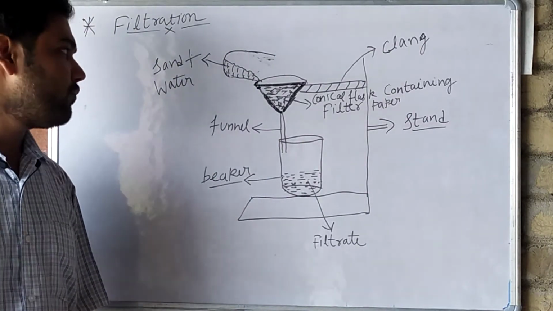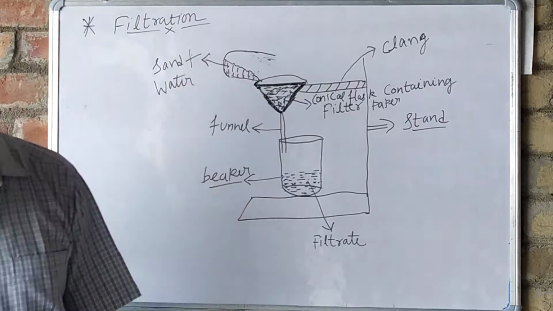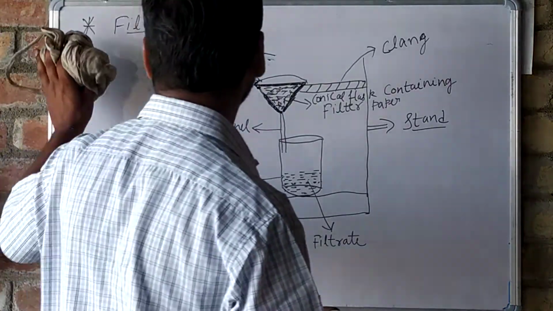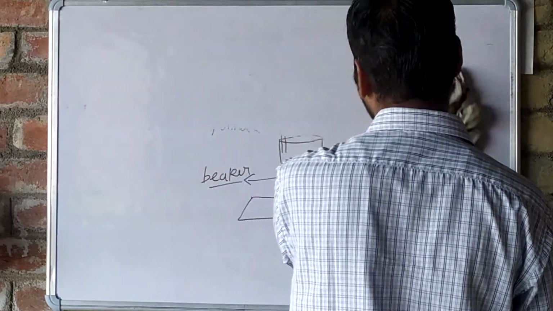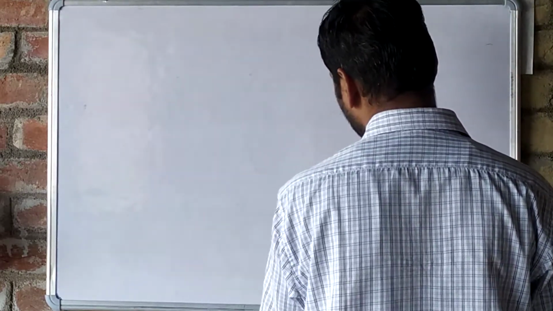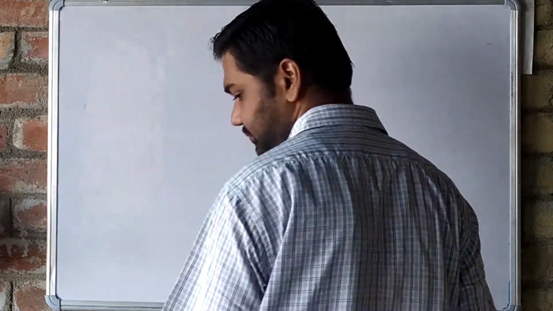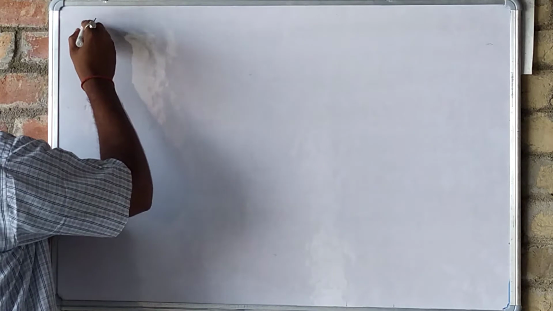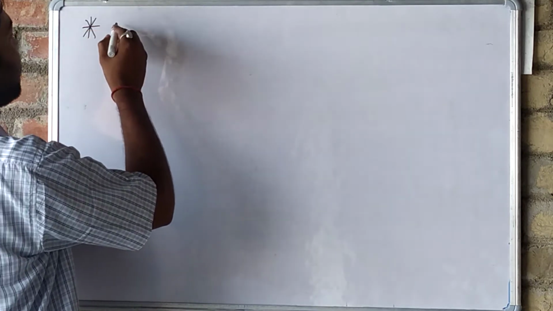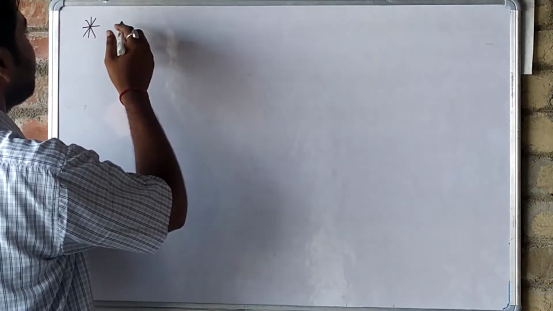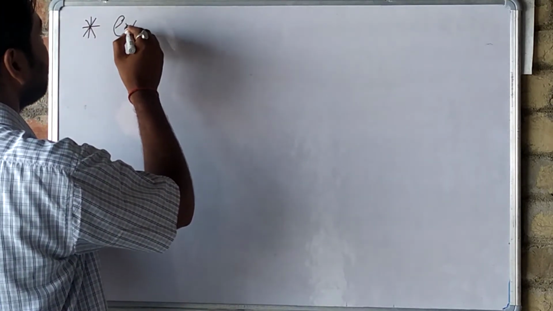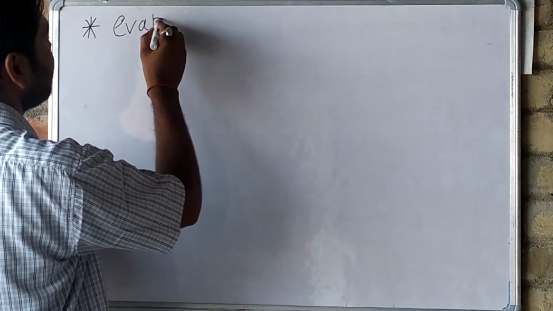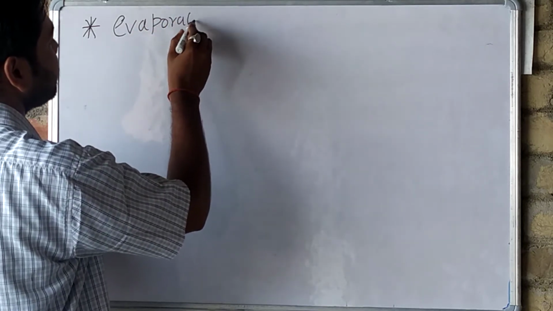Now we will study another process known as evaporation. Evaporation, the term you already know. Evaporation means that in the presence of sunlight, liquid disappears in the form of vapor.